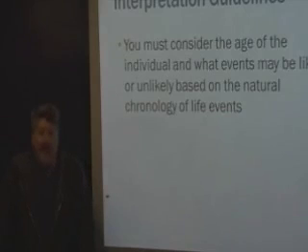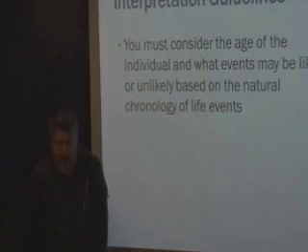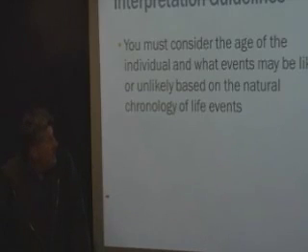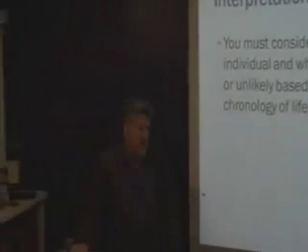I have seen 80 and 90-year-olds get married, though. Oftentimes when people think they're beyond the pale of love ever happening to them, it can happen. So you have to determine what type of events are going to be most likely based on the sequencing of events in someone's life.